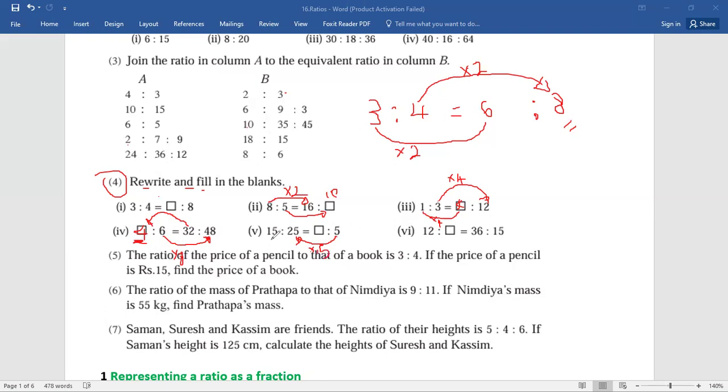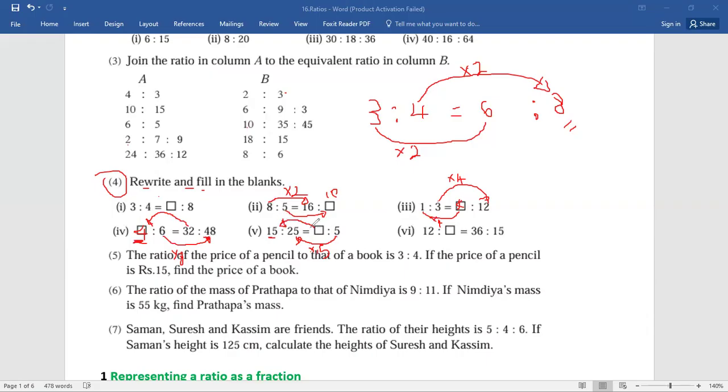How do you obtain 15, right? By multiplying a value by 5. How do you obtain 15? What should be the empty place? Multiples of 5, right? If you multiply this number by 5, you will obtain 15.